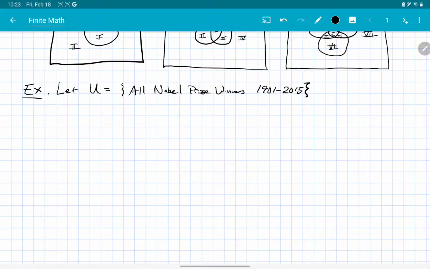Okay, that's a set of people. That's the universe. We're only going to look in the Nobel Prize winners. A is going to be a subset of the universe. It's going to be American Nobel Prize winners.